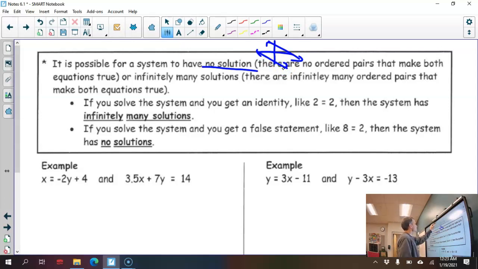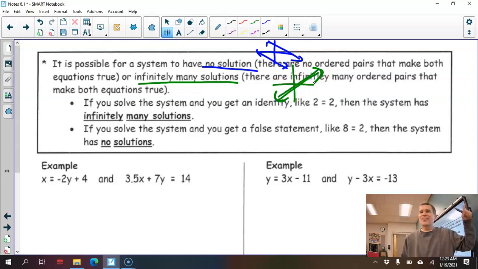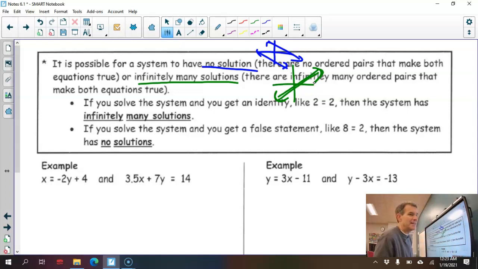Or it's possible to have infinitely many solutions. That is when you graph your two lines and they turn out to be the same line right on top of each other. Every point on one line is on the other line also because they're the same line. That means there's infinitely many solutions.